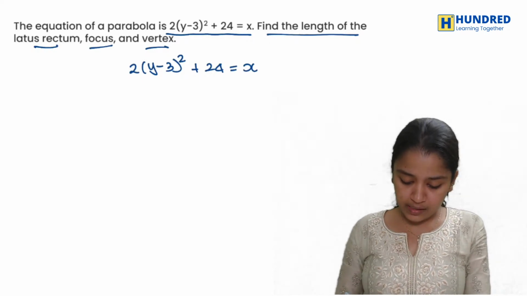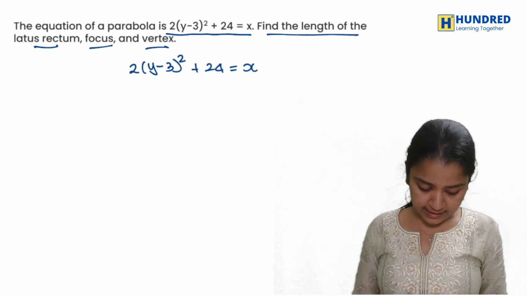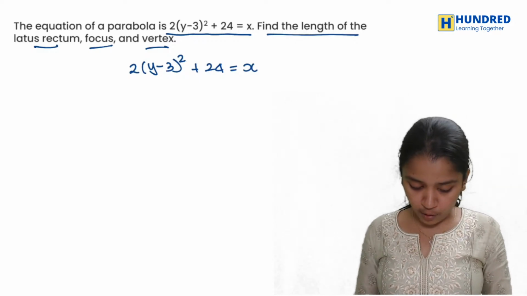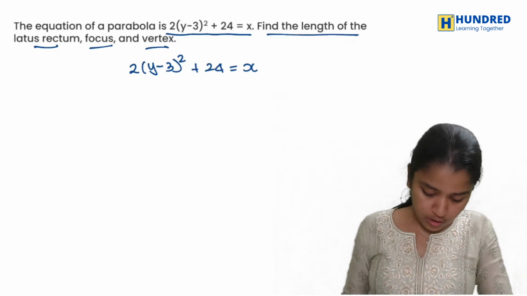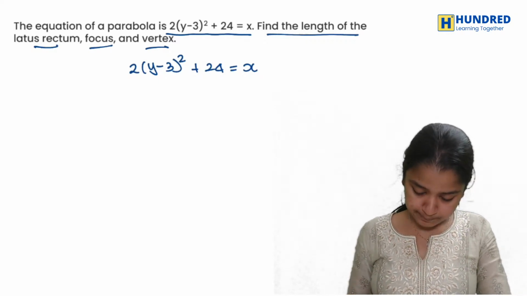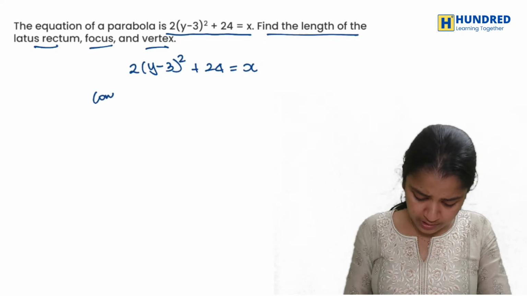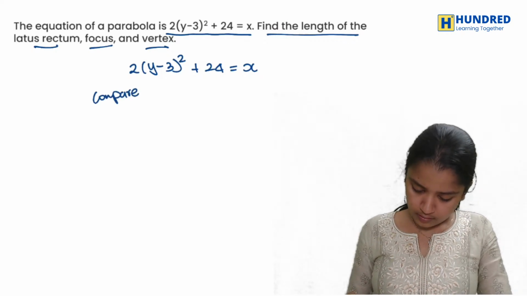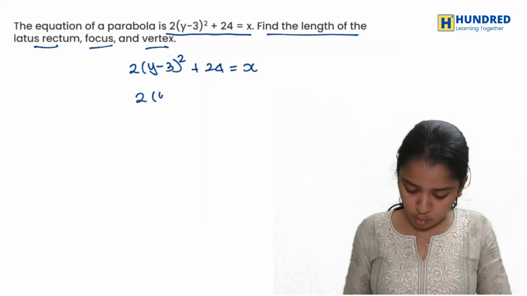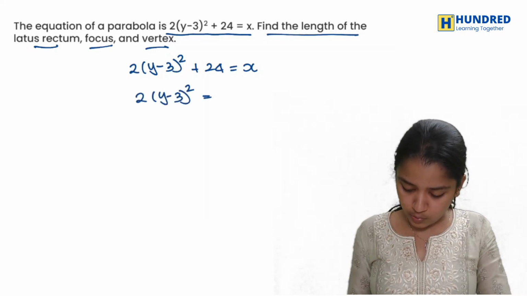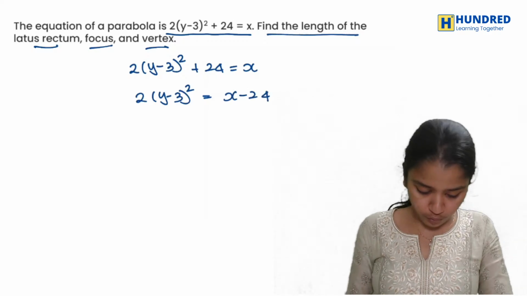I will compare with the general equation. Let me take this to the other side: 2 into y minus 3 the whole square is equal to x minus 24.